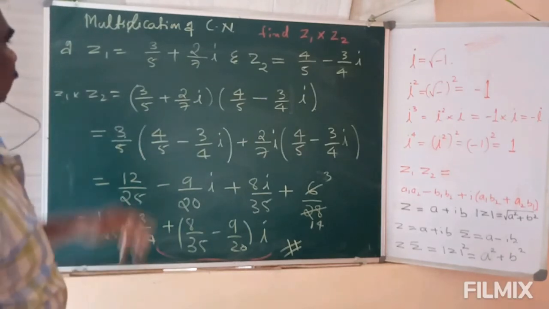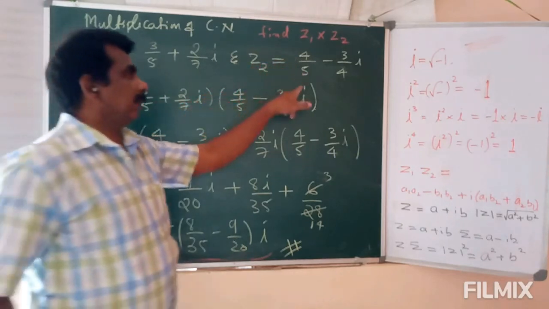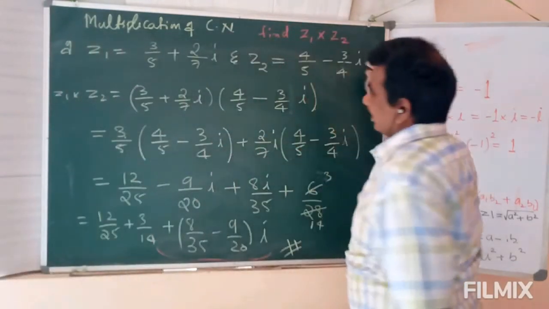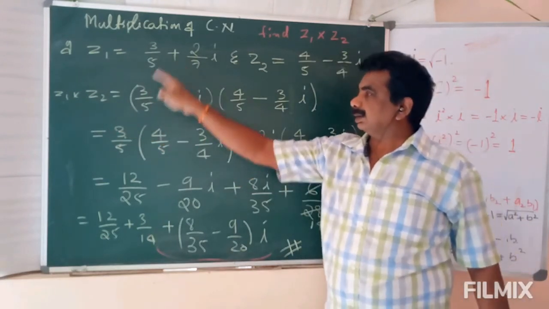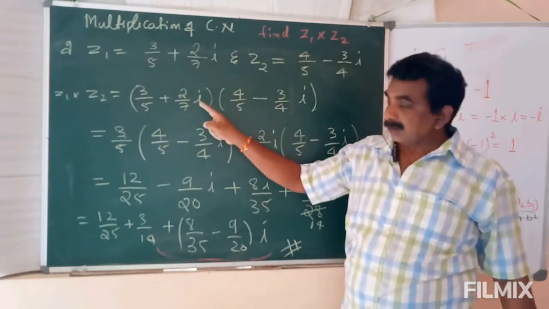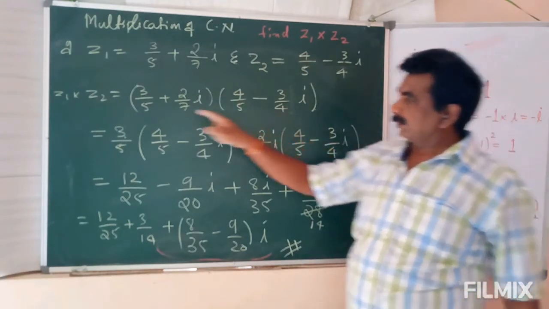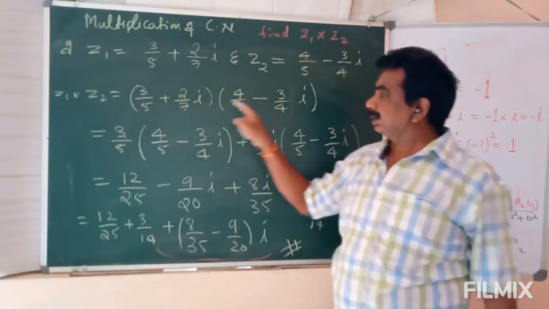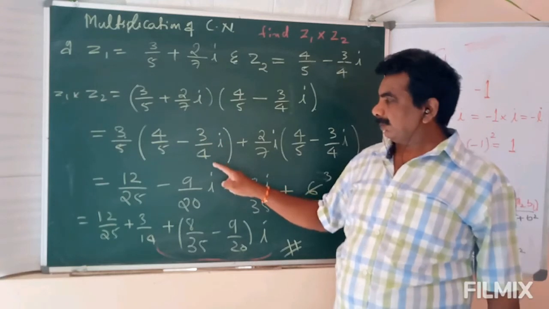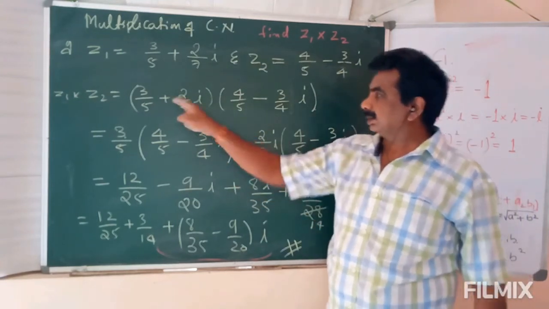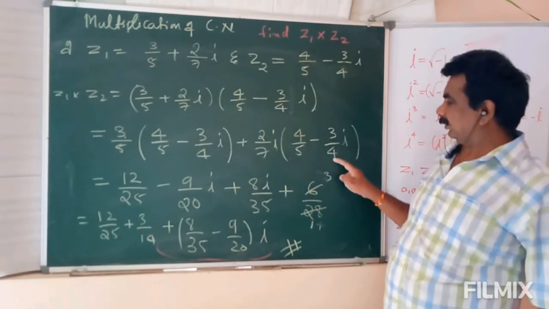Right. Ready. z1 is 3 by 5 plus 2 by 7i, z2 is 4 by 5 minus 3 by 4i. I want the product z1 into z2. First, you have to multiply 3 by 5 into this factor: 3 by 5 into 4 by 5 minus 3 by 4i, plus 2 by 7i into 4 by 5 minus 3 by 4i.